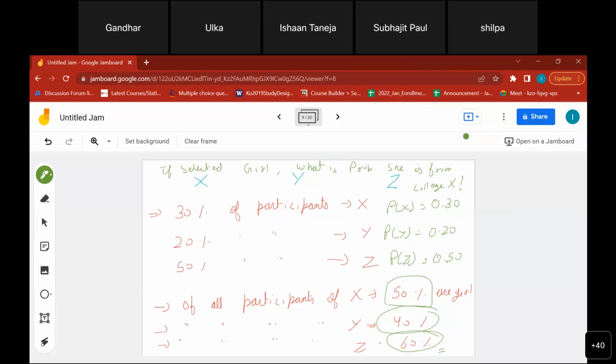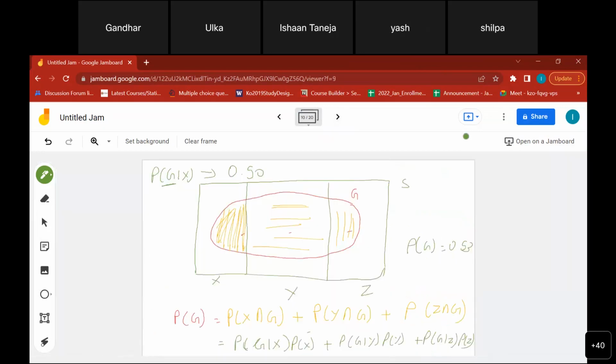Probability of X intersection G divided by the probability that it's a girl. 0.15 by 0.53, so 0.28. Right? We know the probability of girl. X intersection G you have already computed, right?